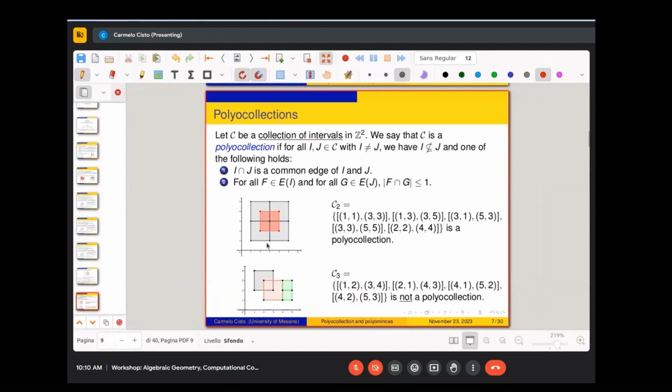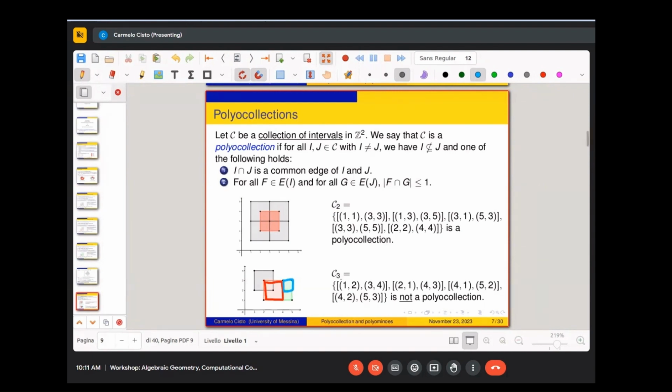In the figure, we can see two examples. The first one is an example of polyomino collection. The second one is not an example of polyomino collection, because if we consider this interval belonging to the collection and this interval belonging also to the collection, then 1 and 2 are not satisfied.